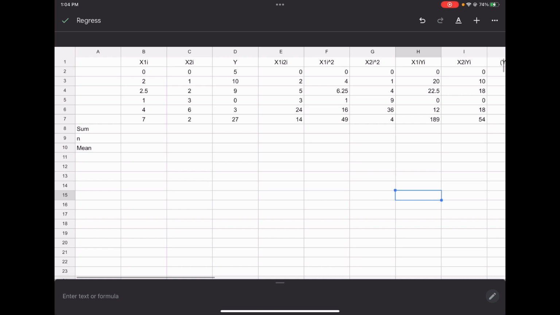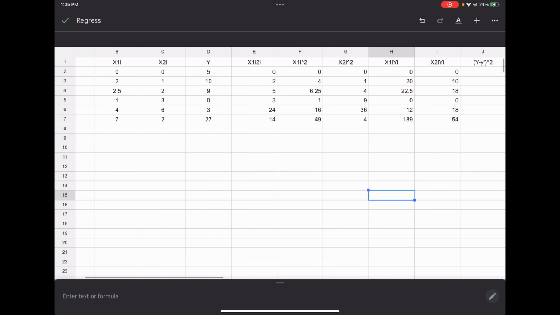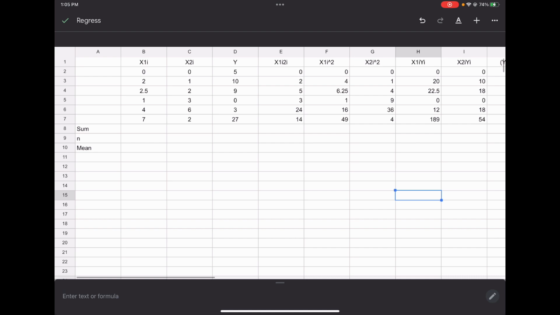Just to check, x1 squared is 2, so x2 is 1 squared. So 2 times 10 is 20, 1 times 10 is 10. Okay, so that's correct. So afterwards, we get the sum.